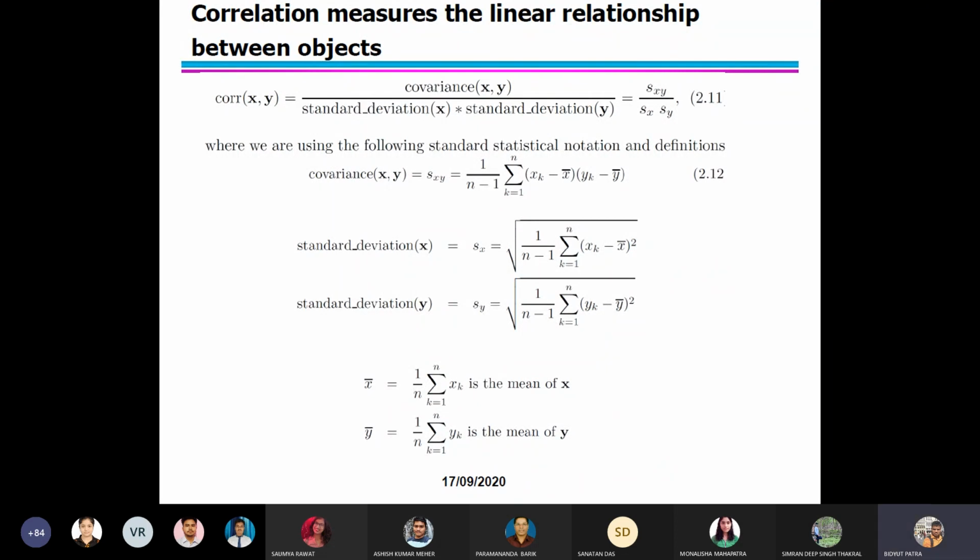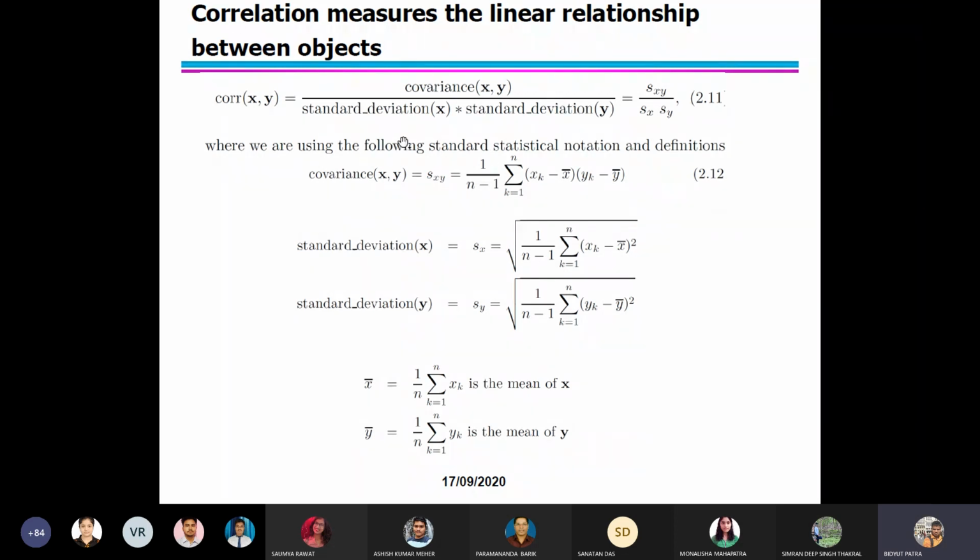There is a popular measure called correlation. Very fondly we call it Pearson correlation. There are different measures for computing correlation, and one popular one is Pearson correlation. This is the formula for Pearson correlation. The formula is not so complicated, but the slide looks a bit complicated.